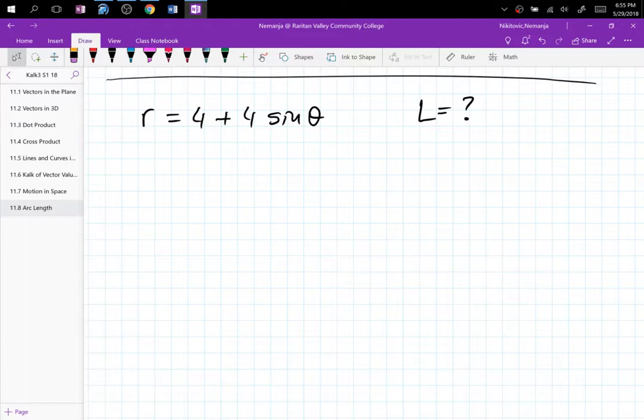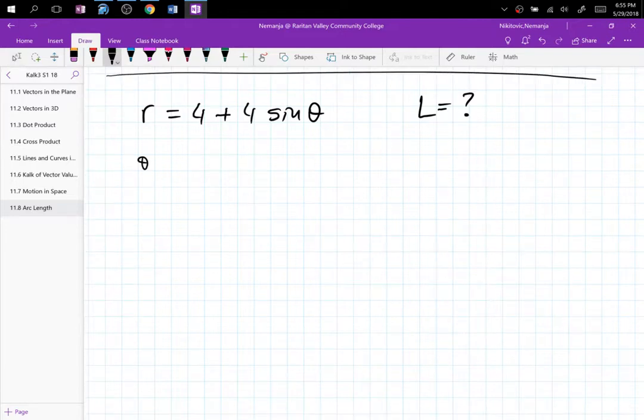So the first step, let's just figure out the limits of integration, and then the rest should be the same as what we had so far. So I'm going to compute this formula for theta equals 0, which gives me r equals 4. Theta equals pi over 2, which will give me 8.